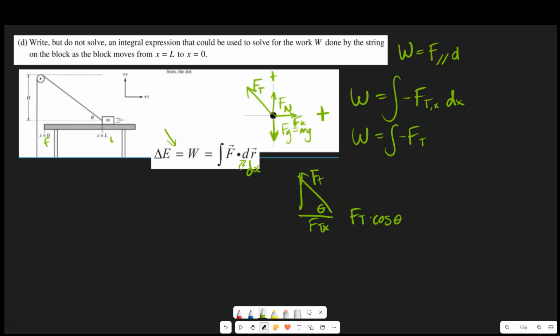Now, really important that we notice we need to do the integral in terms of dx. We need to get that x value in here, and we don't currently have the x value in here at all right now. So this we can sub in for the F_Tx business right here, dx. In other words, we still have this in newtons with no x value.